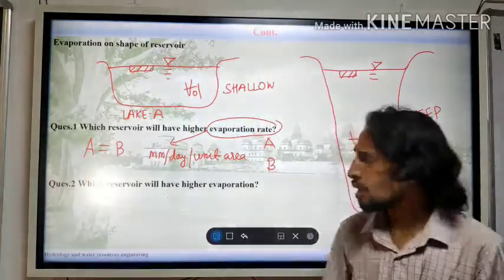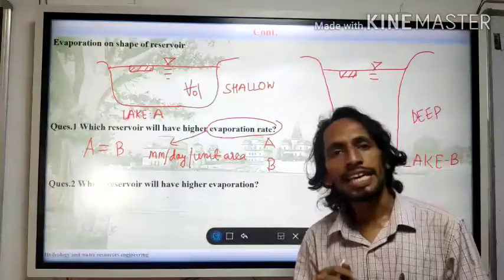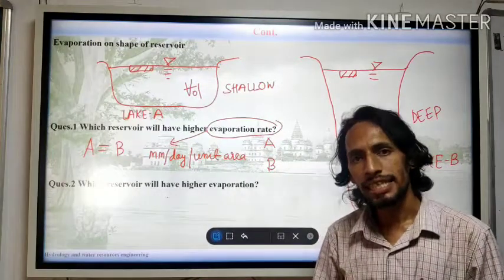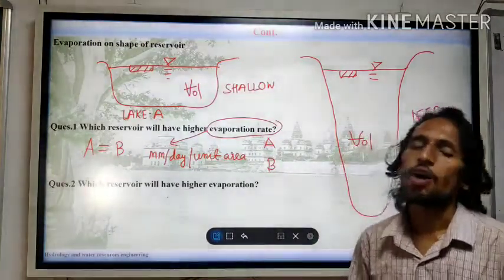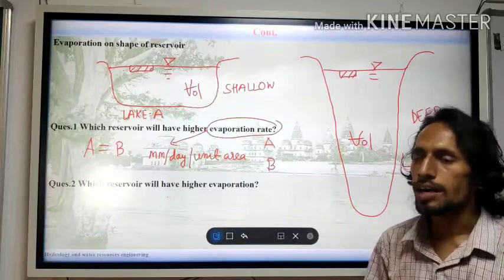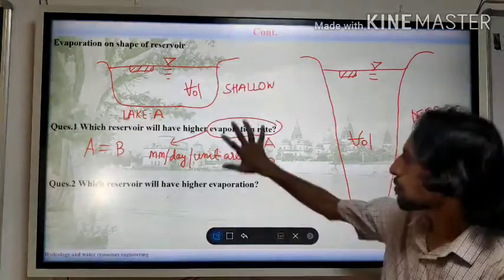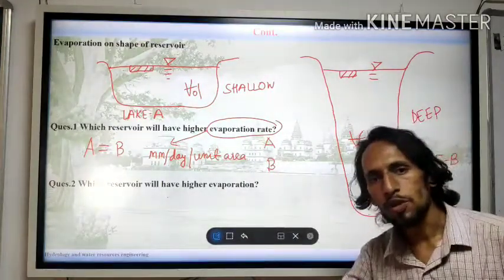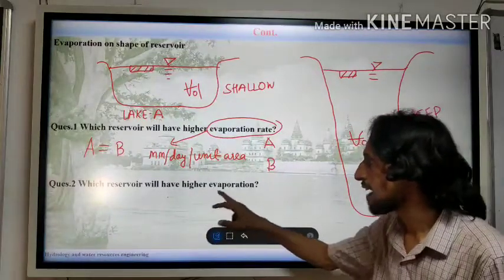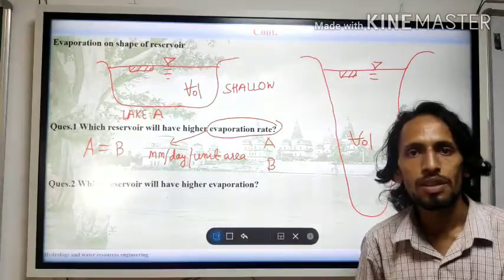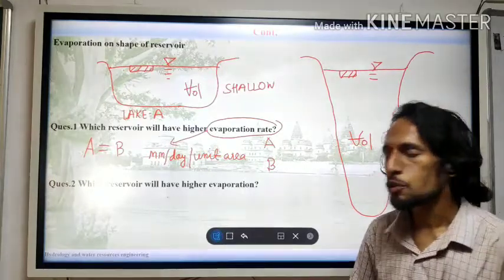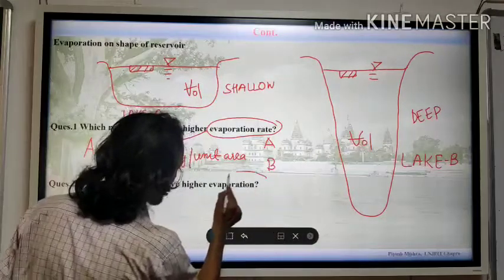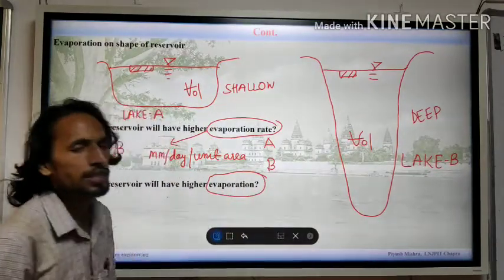Now if I ask, evaporation rate is over and I want to ask, just tell me which will have higher evaporation, you must be clear what I mean by evaporation.